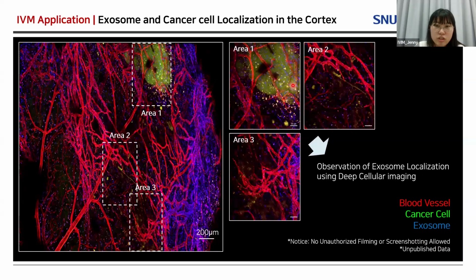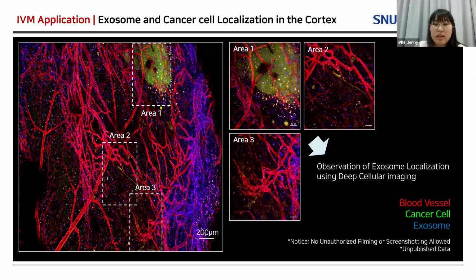In various regions, we could observe that many exosomes were clustered within the cortical blood vessels. Moreover, in areas where cancer cells formed clusters, exosomes were also very accumulated and distributed around those regions.